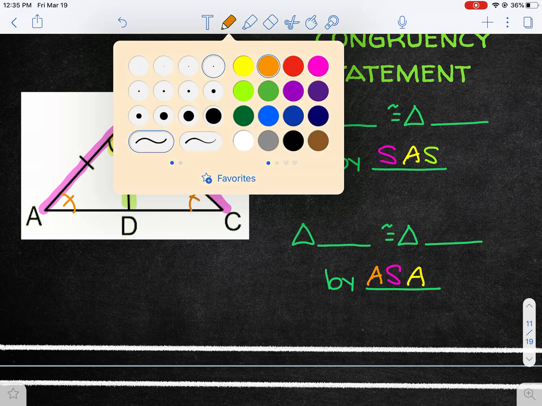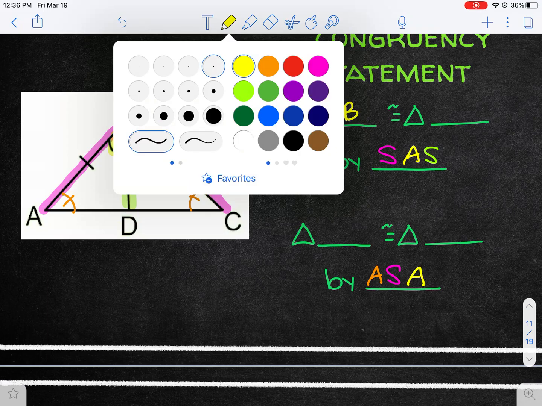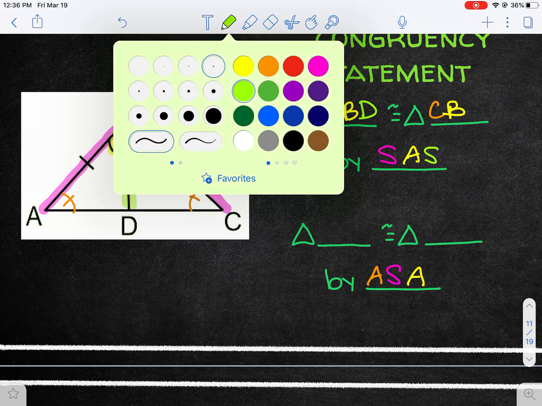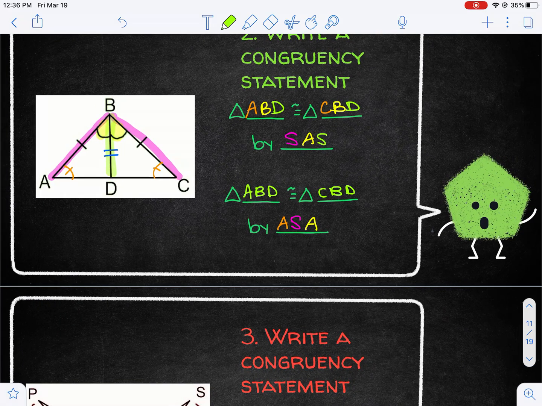In either case, I'm going to have A, B, D. A and C matched up, so C needs to go first, B and B match up, and D and D match up. Same thing down here. It's still the same exact triangles, ABD and CBD. It's just whether I'm using that shared side or whether I'm using that isosceles triangle to find base angles.